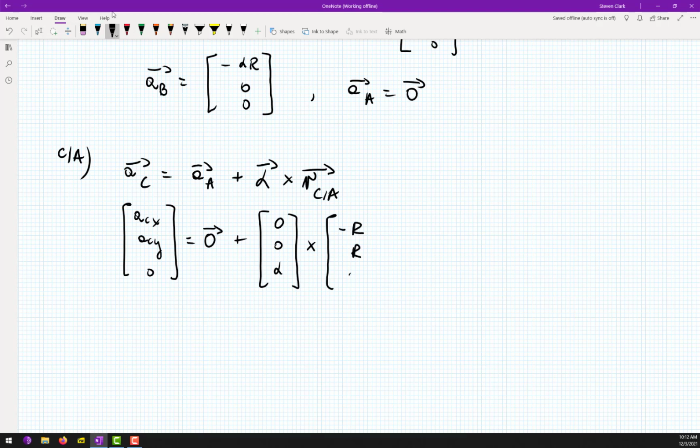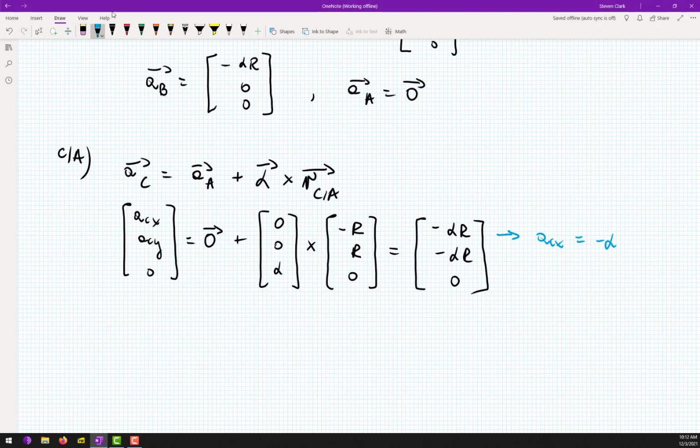If you do this determinant, you will end up with minus R, minus alpha R, minus alpha R, 0. Great. So we found our two expressions: ACX equals minus alpha R, and ACY is equal to minus alpha R.